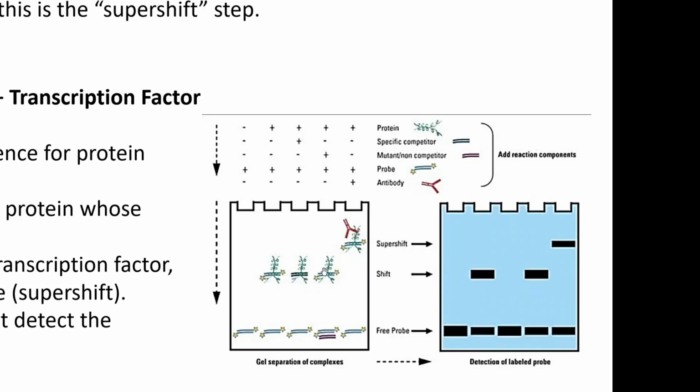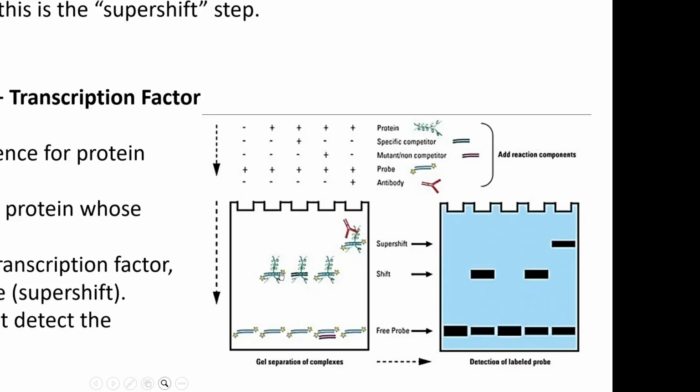to only those sequences. In the first lane, they have added only the probe, so you can see the probe at the end. In the second lane you can see the specific competitor that is specific to your protein. You can see that it has bound, and then there is a shift.